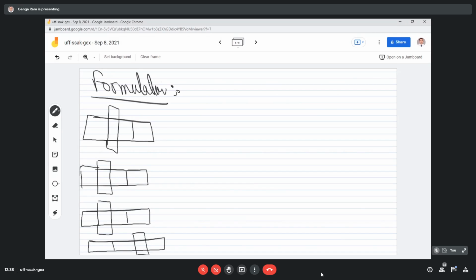Okay, so this is the first cube, this is the second cube, this is the third cube, and this is the fourth cube. The faces of the first cube are colored red, blue, green, white, red, red.